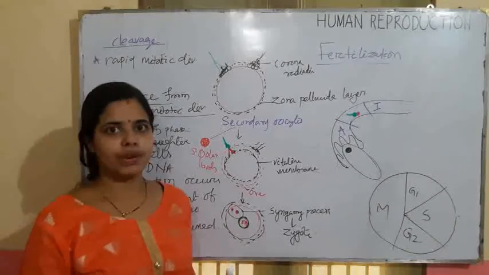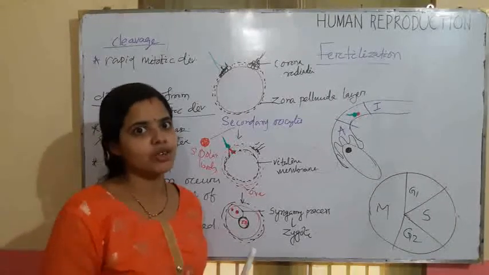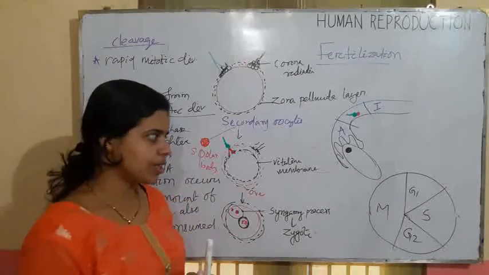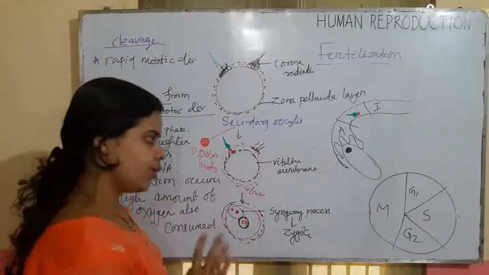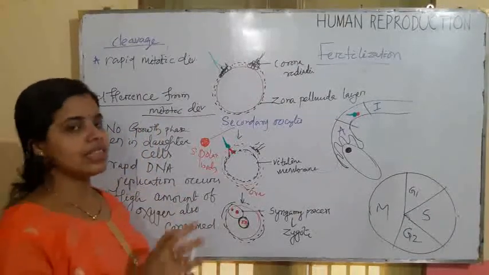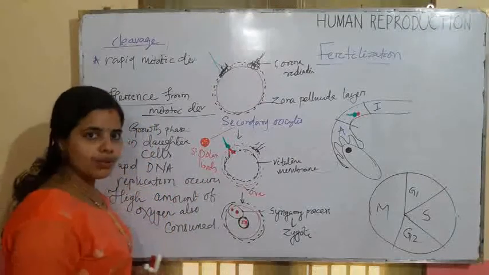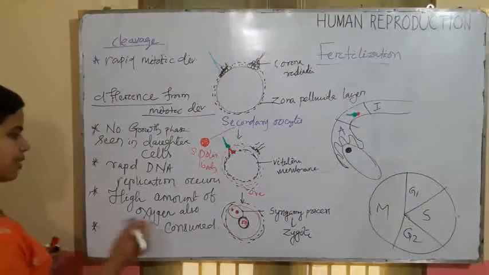As we know, the growth phase is the preparation for DNA replication, that means protein formation or lipid formation, all these things take place in the growth phase. The growth phase helps to increase the size. But there is no growth phase, so there is no increase in size.